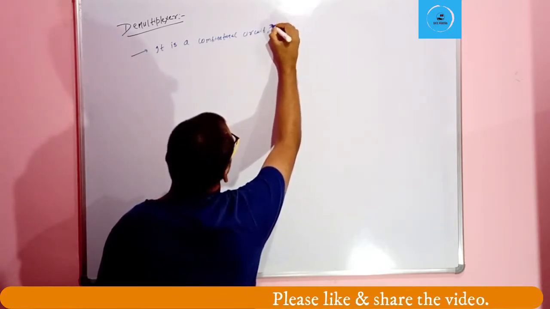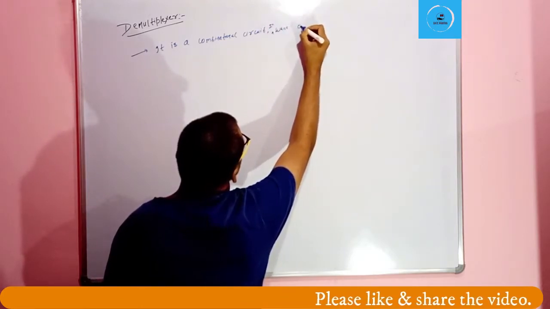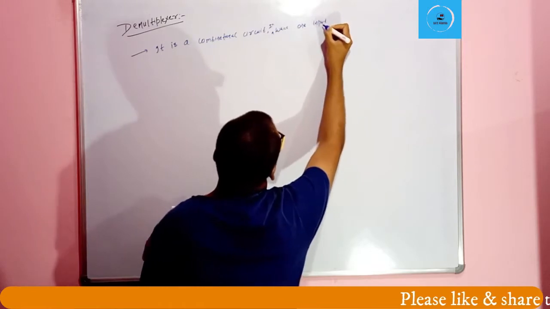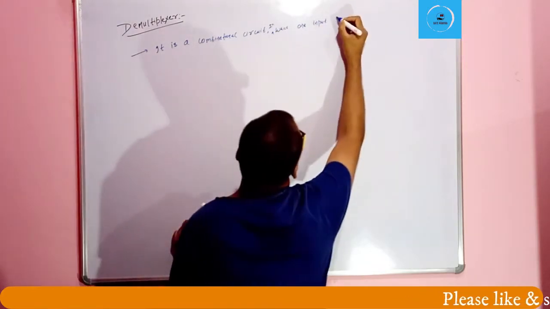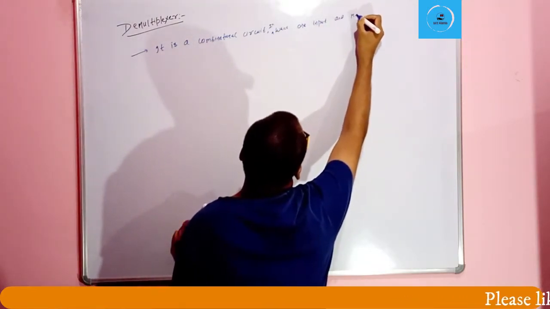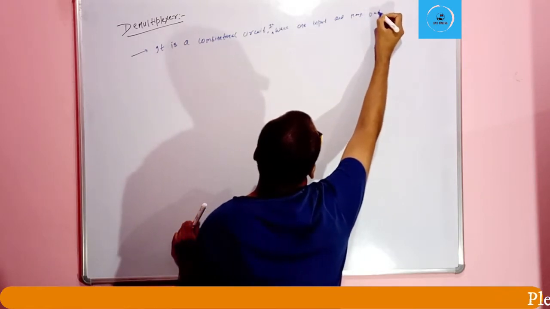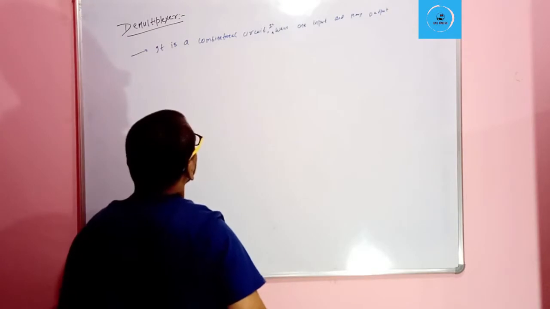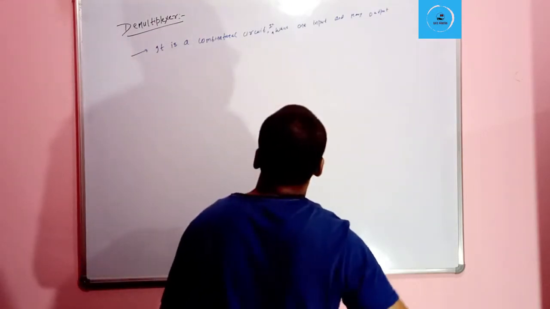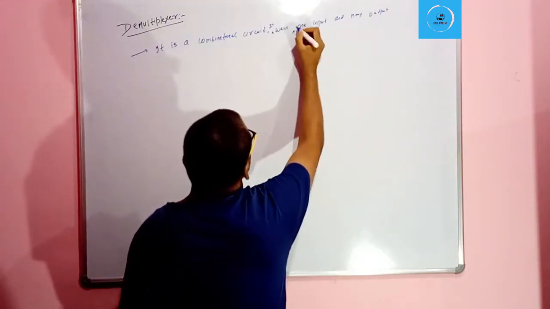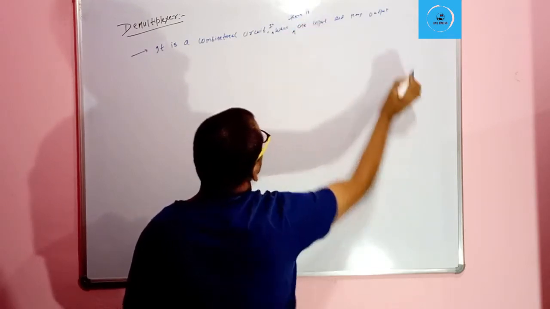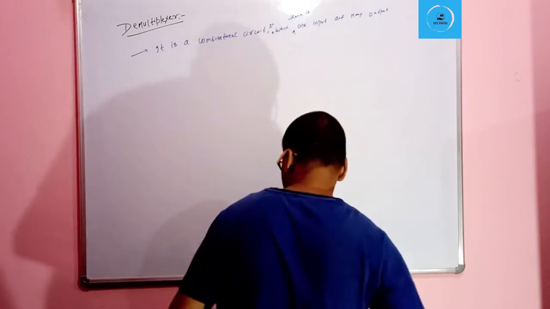It is a combinational circuit in which there is one input and many outputs. So demultiplexer is a combinational circuit in which there is one input and multiple outputs.